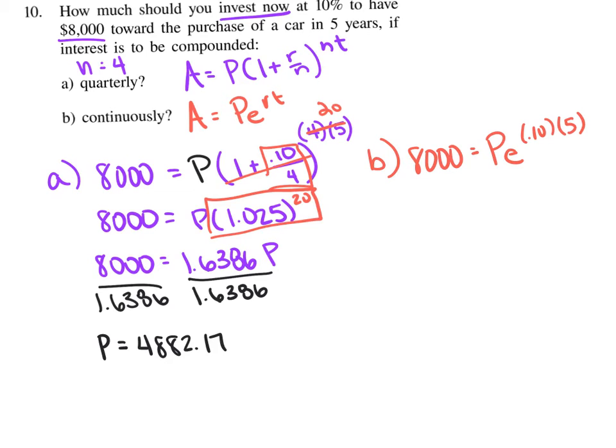So the first thing I'm going to do is calculate this part right here, e raised to the 0.1 times 5. And I do that in my calculator. I do second, the natural log key in my calculator. And I do 0.1 times 5. And I get 1.6487.